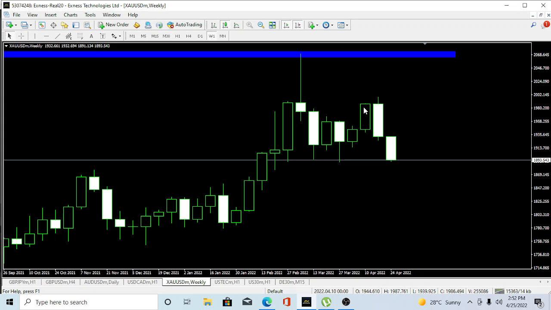Price pushed to the upside and closed here, and then last week it opened and failed to push and close as bullish. It actually closed as a bearish candlestick, engulfing the overall price of the previous candlestick, right? So it is another candlestick pattern or signal.